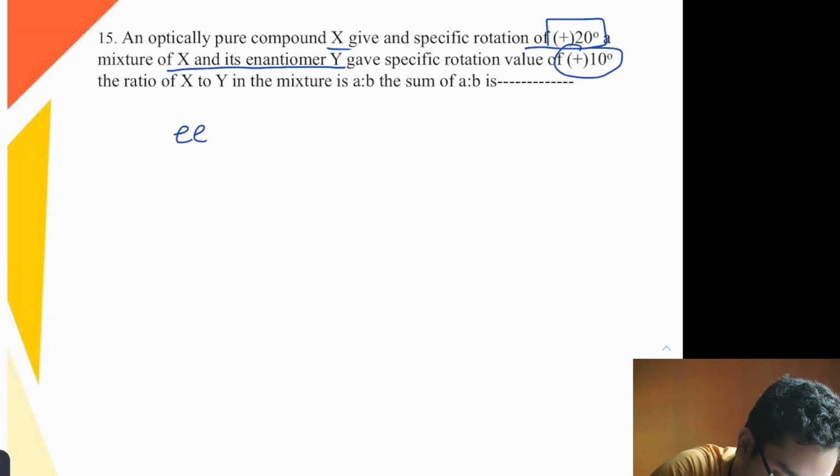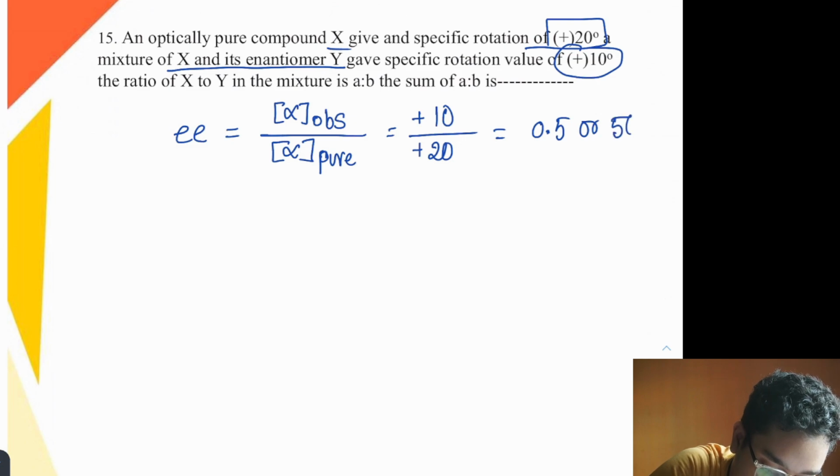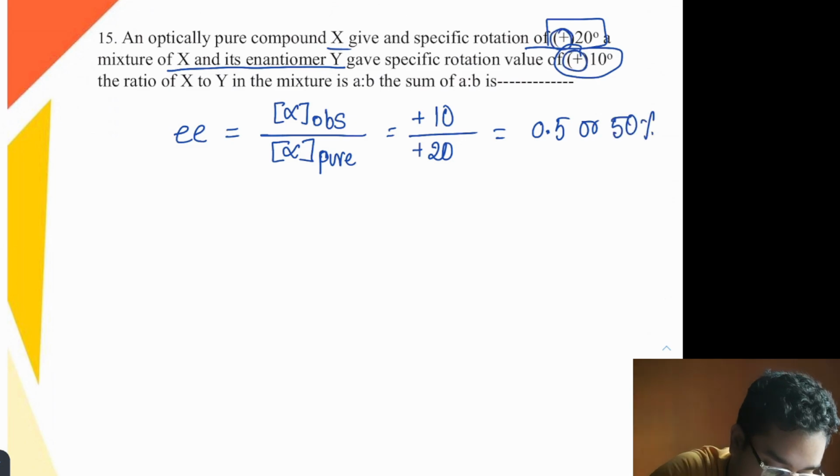So similarly, we determine the EE. EE is nothing but alpha observed by alpha pure, so 10 by 20, 0.5 or 50%. And since plus is plus, that means X is in excess.